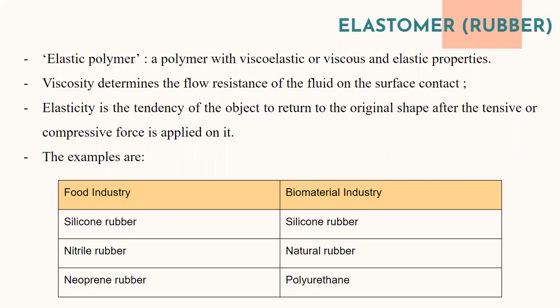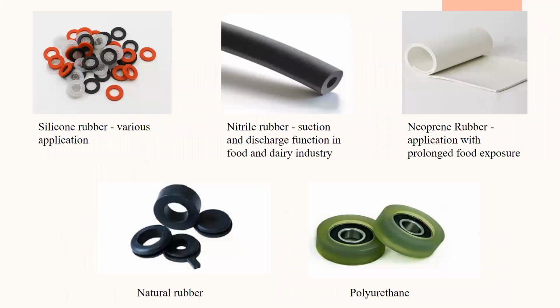The examples of elastomer, or rubber, are silicone rubber, nitrile rubber, and neoprene rubber in the food industry. While in the biomaterial industry, the elastomers used are silicone rubber, nitrile rubber, and polyurethane.